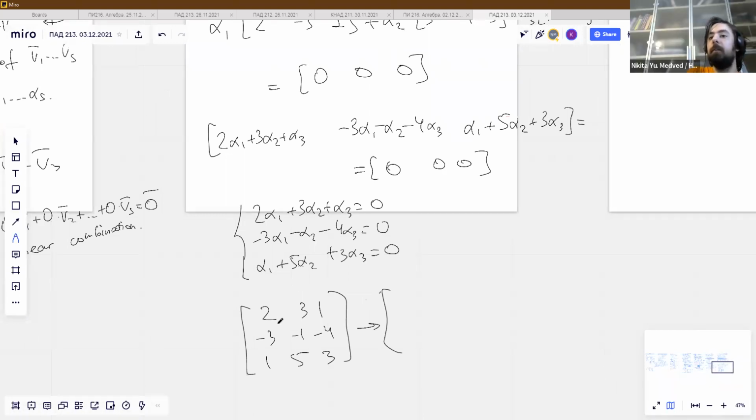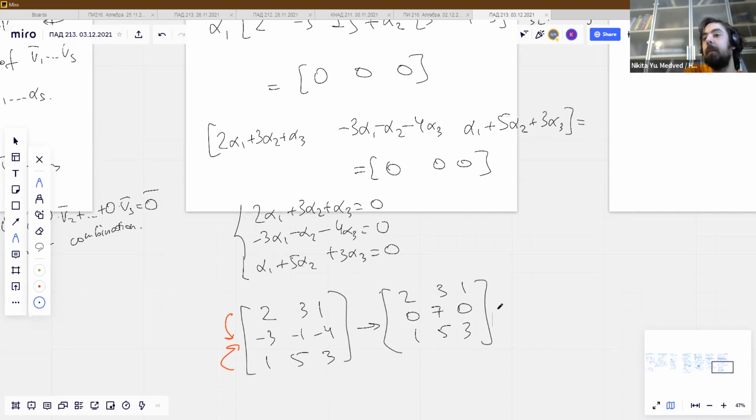If I add those two rows to the middle row, some things cancel and some things don't. This cancels and this cancels, but this doesn't. I get 8 minus 1, that's 7. So I can divide it by 7 and subtract from two other rows.